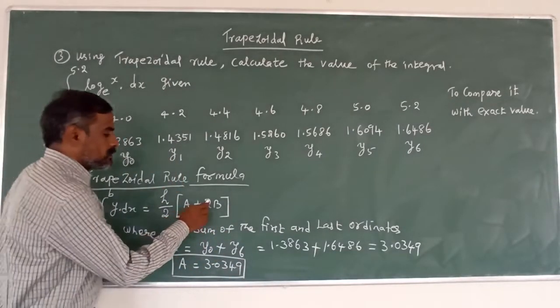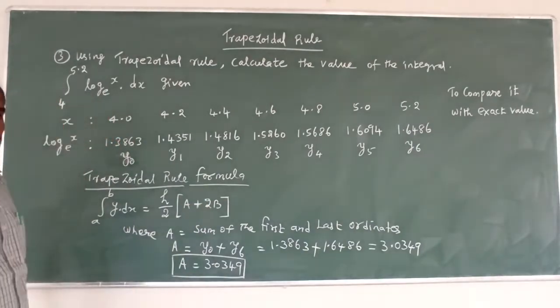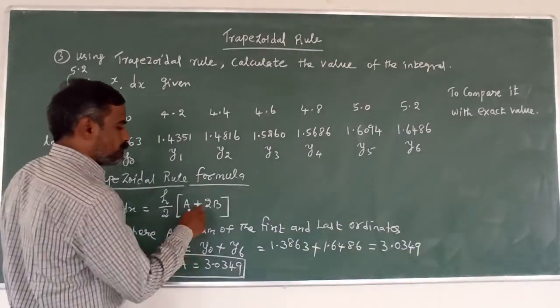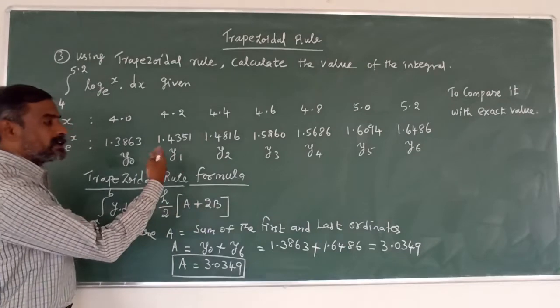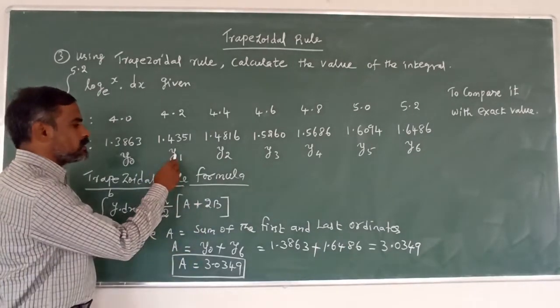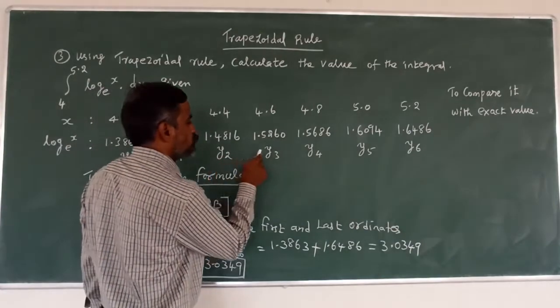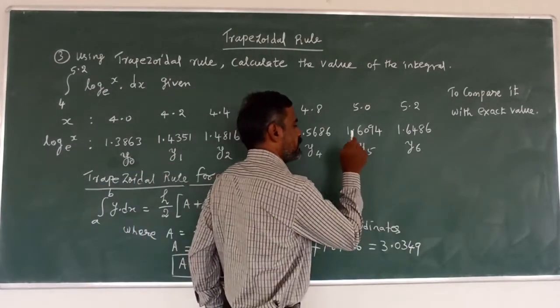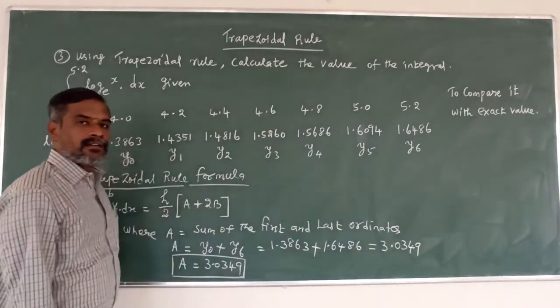Next, to find the B value, B is the sum of the remaining ordinates. We have to add y1, y2, y3, y4 and y5.